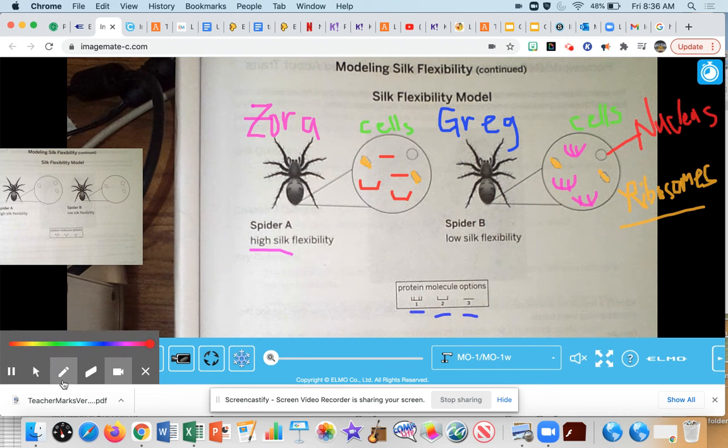So what do we notice? Well, what we notice with protein molecule number 2 is that it has fewer connections. So I think it will form silk with higher flexibility. So what we have here is we have fewer connections.